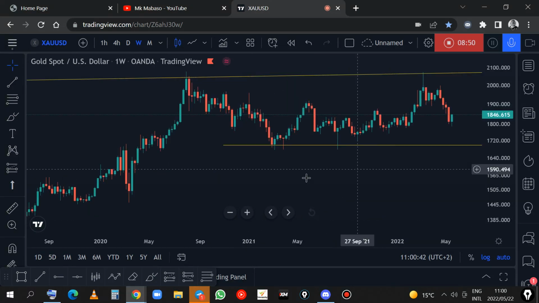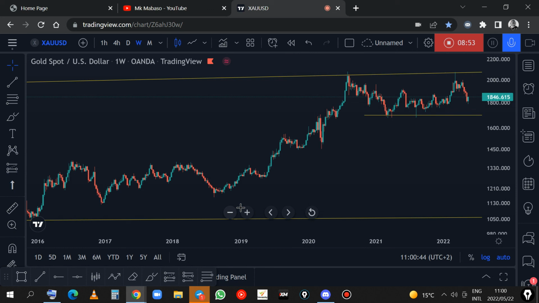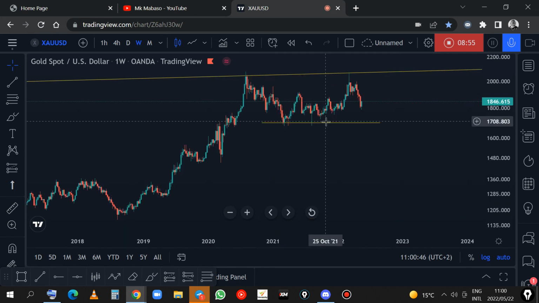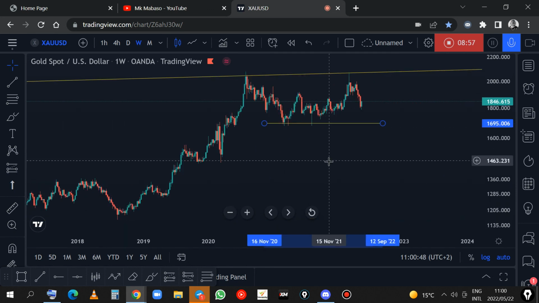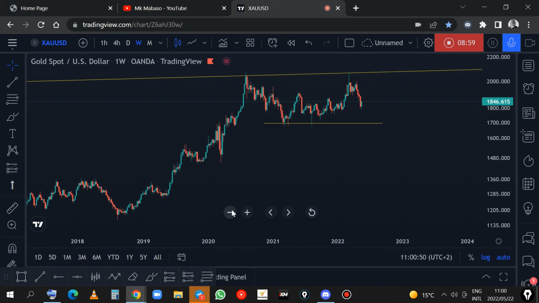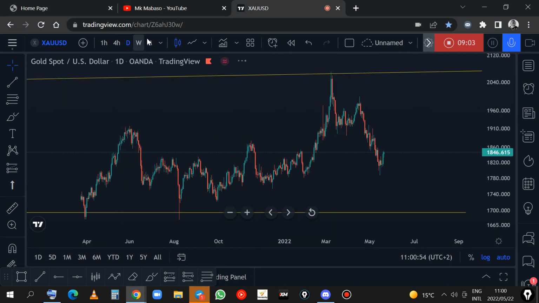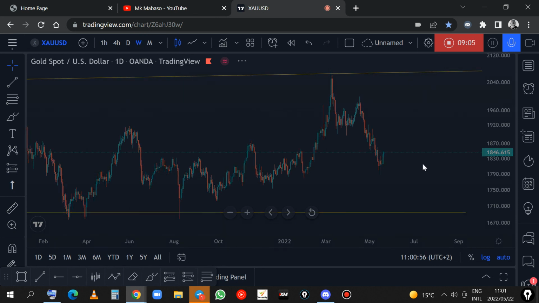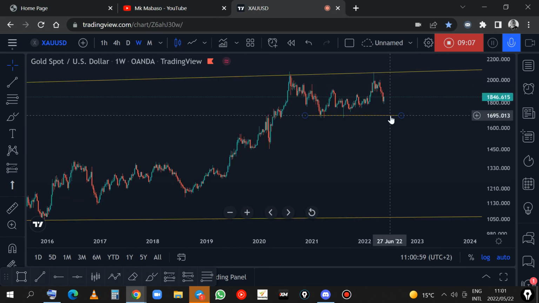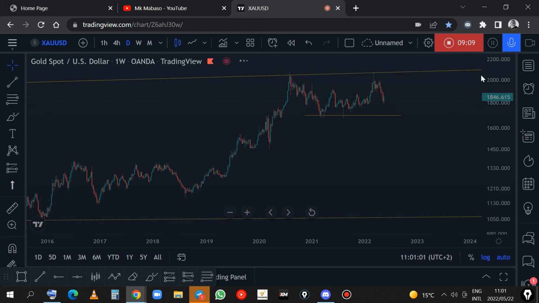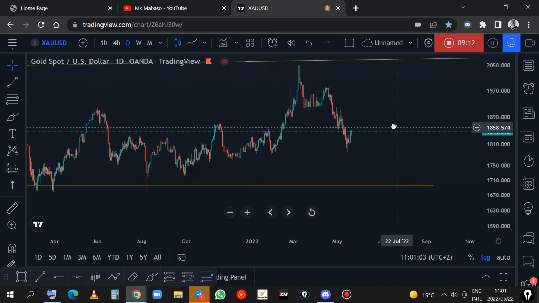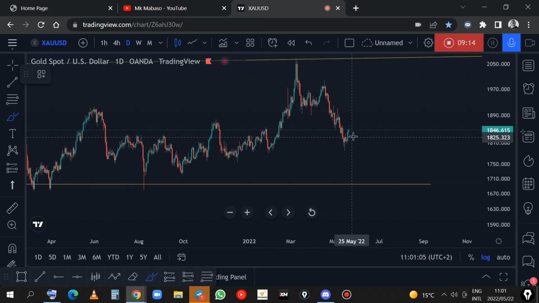So on the weekly, we can see that price is currently trying to push down. So what I can advise you to look for, let me go down on the daily actually. On the weekly, you can see that we have already had an impulse going down. So what we can look for is a daily correction.